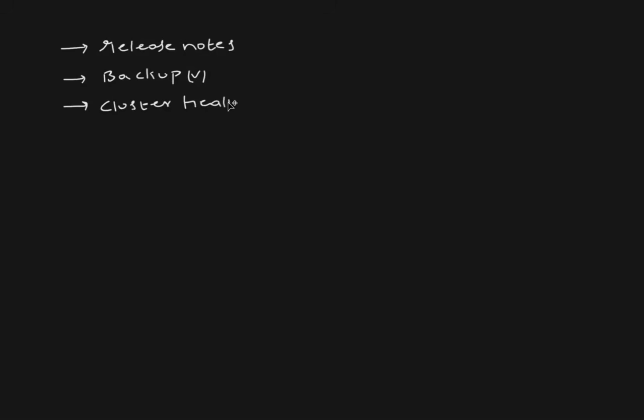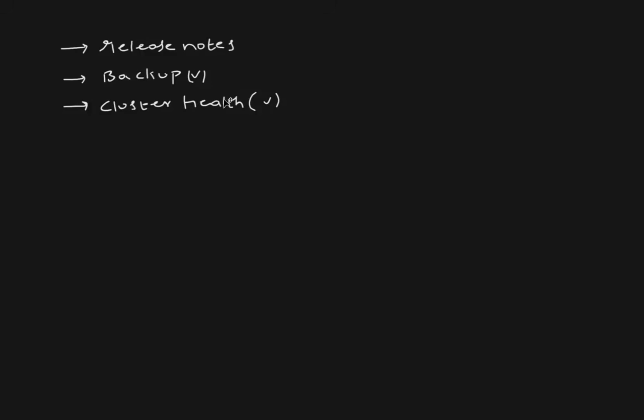Especially in lower environments, this is important, like the dev environment, staging environment, because these clusters are always messed up. When you give your dev environment to your developers, they might deploy different resources on it. They might install different CRDs on it. So there is a huge possibility that the cluster health is messed up.